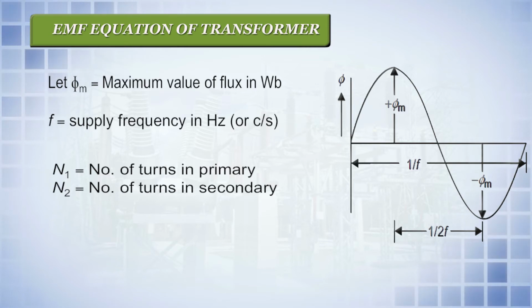Assume that the supply frequency f is constant, and the unit of supply frequency is hertz, or cycles per second. The number of turns on the primary side is taken as N1, and the number of turns on the secondary side is taken as N2.